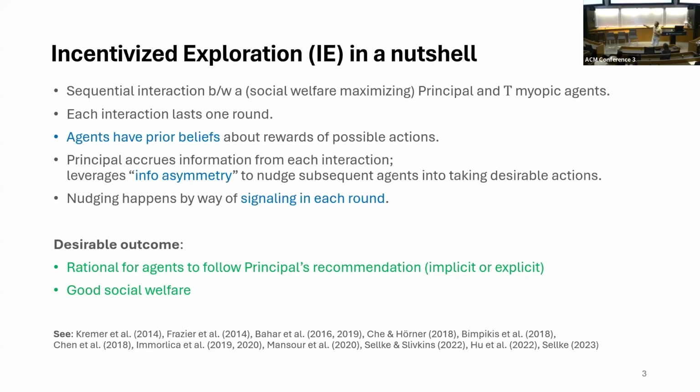That would mean that it should be rational for agents, essentially users of the system, to follow the principal's recommendation. Now, this recommendation could be implicit or explicit. I'll elaborate upon that in a couple of slides. And secondly, you want a mechanism to generate good social welfare, right? Because that was your first objective to begin with.